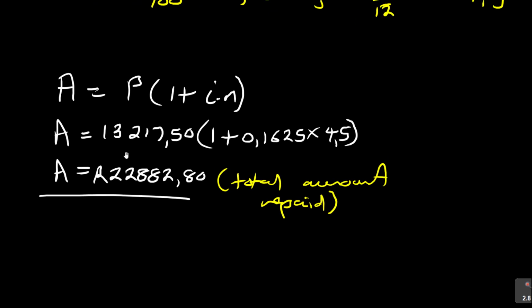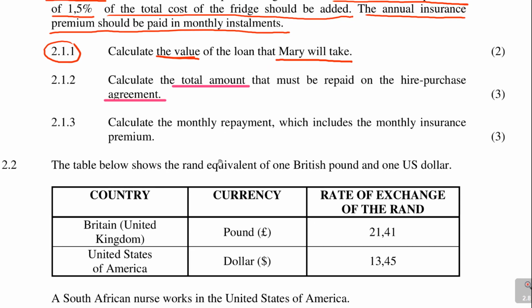You borrowed 13,000. They didn't say interest as such, but they want the total amount. If they were to say after 4.5 years, tell us how much money did you bring to us, it will be 22,882.80.